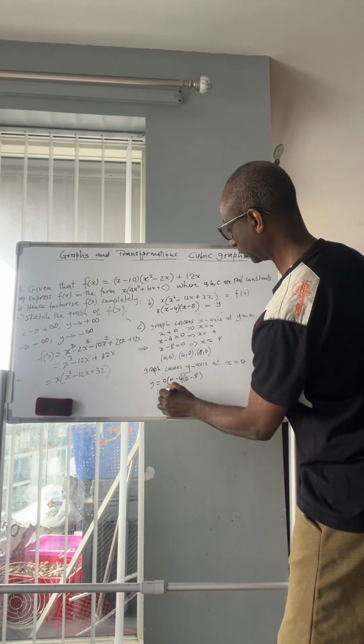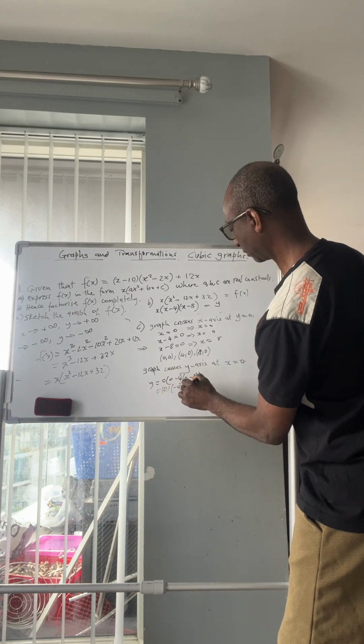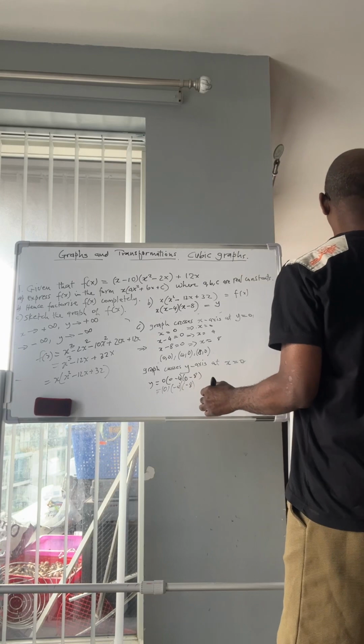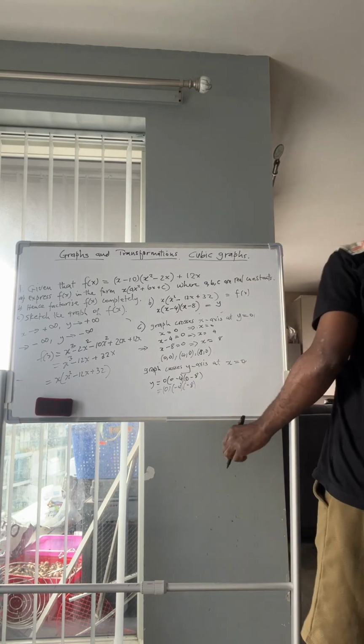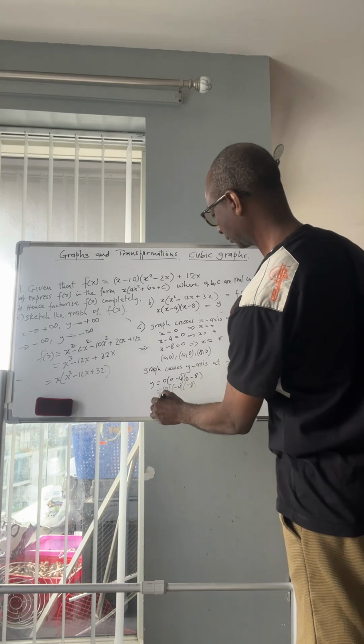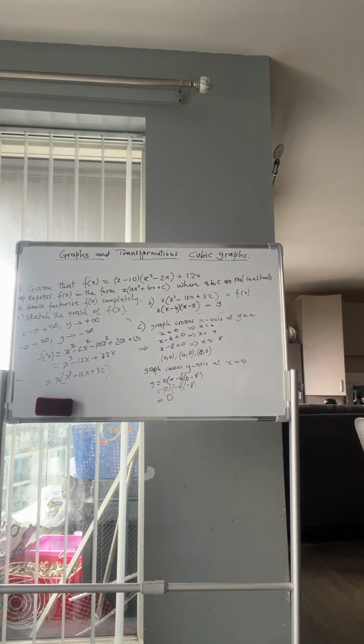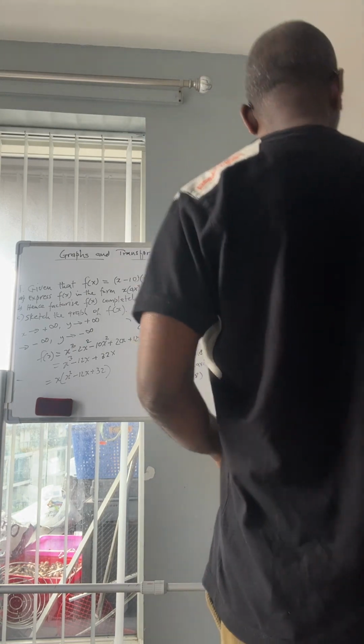So this is going to be 0 multiplied by minus 4 multiplied by minus 8. This is going to be all 0. So we got it now. Yeah?